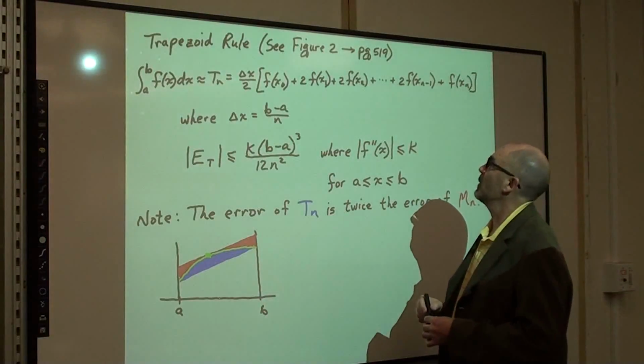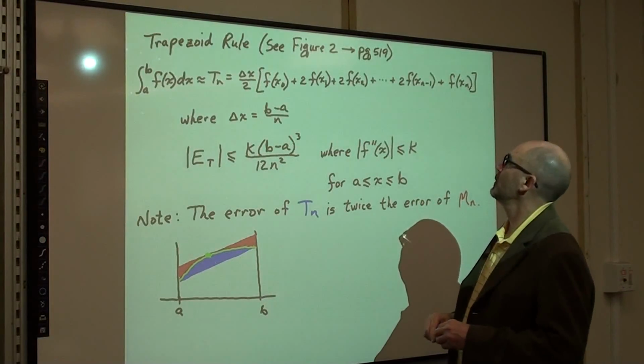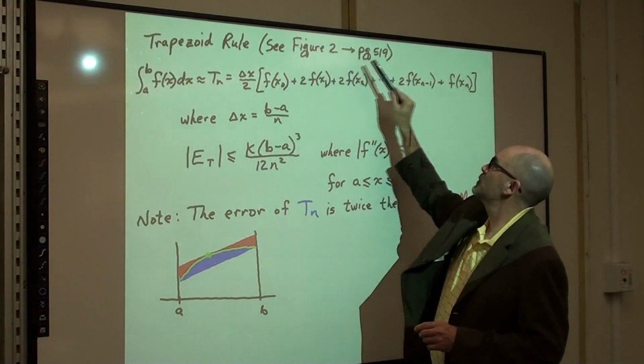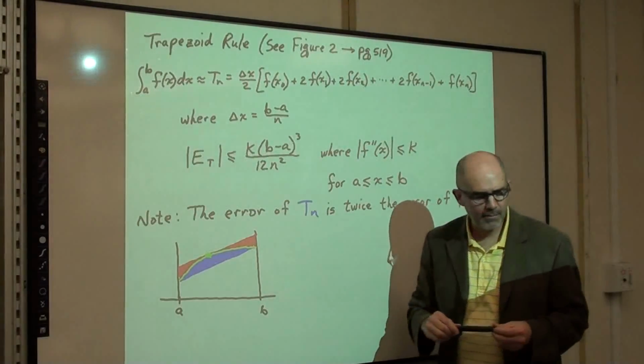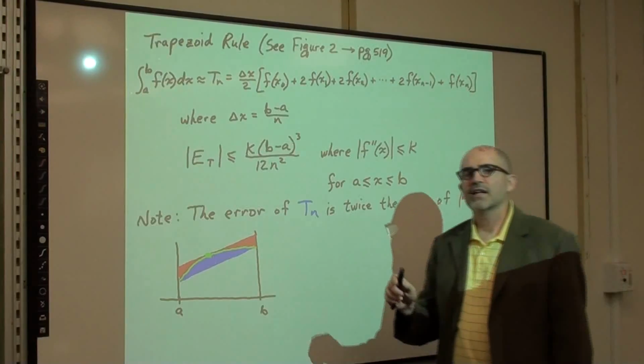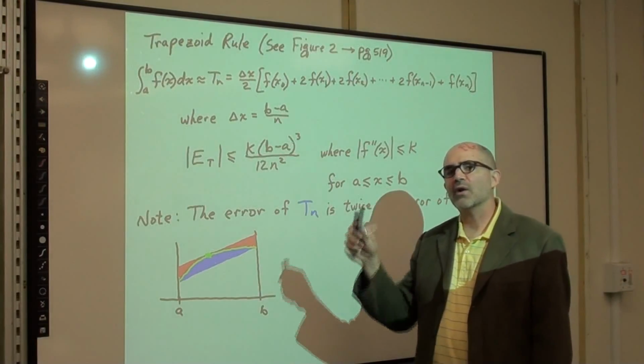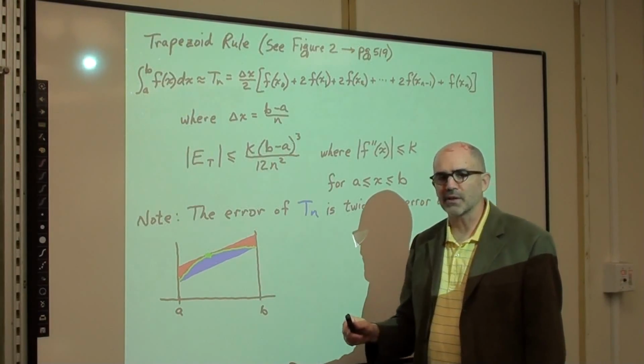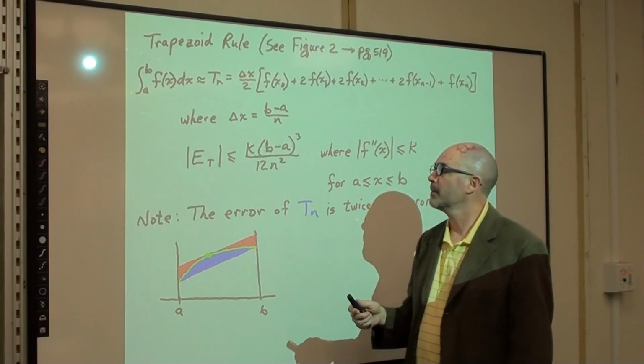All right, the trapezoidal rule. If you take a look at figure 2 on page 519, you're going to see that we're going to divide the area under the curve into trapezoids instead of rectangles.